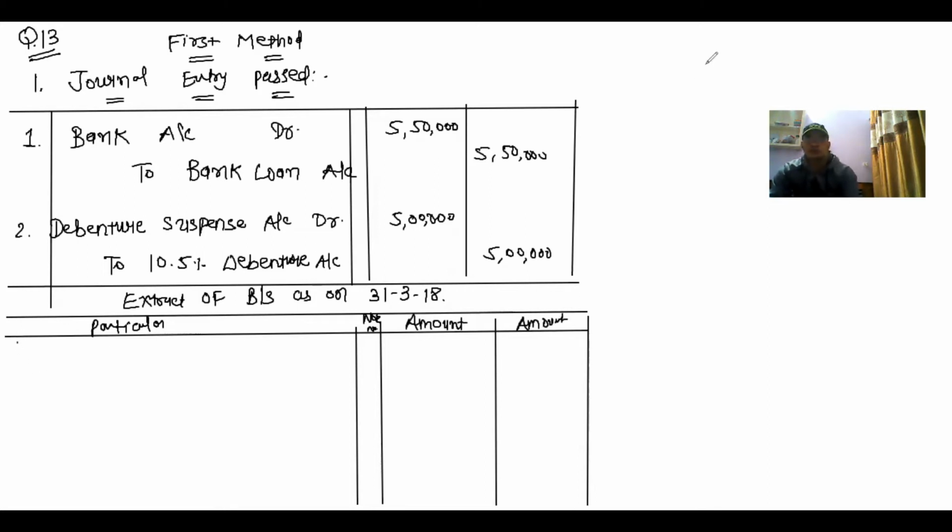So first of all heading, that is equity and liability, and under this heading it is non-current liability, where we have to present a bank loan obtained from the bank for 5,50,000.